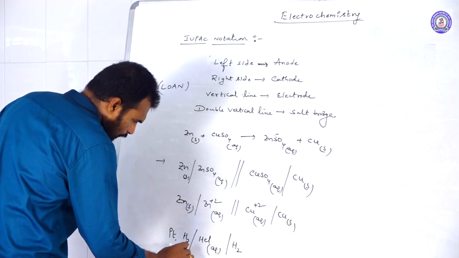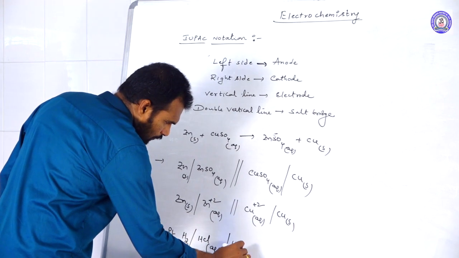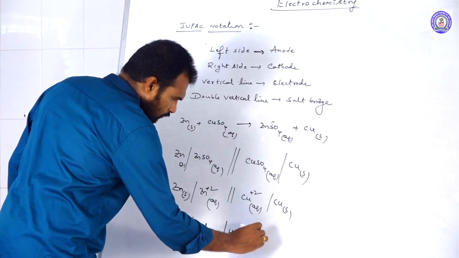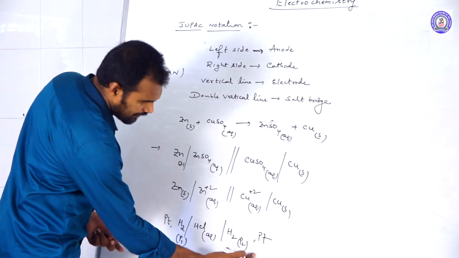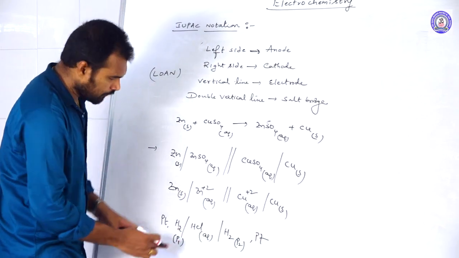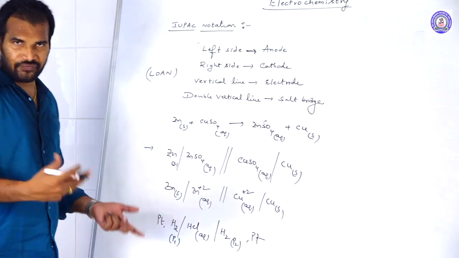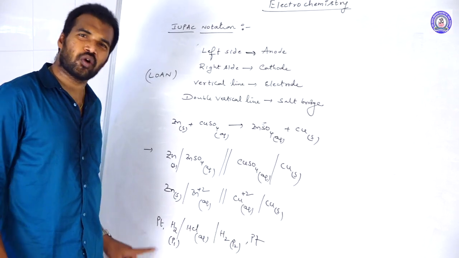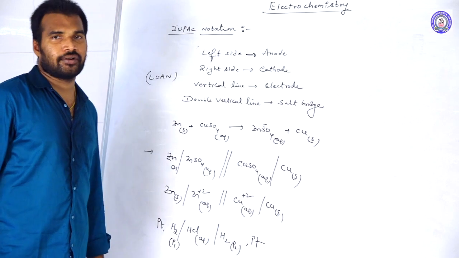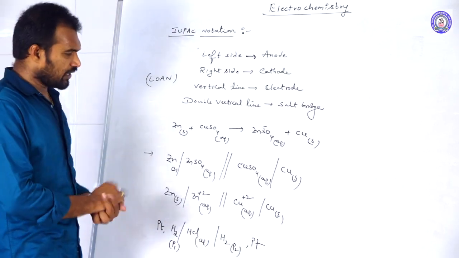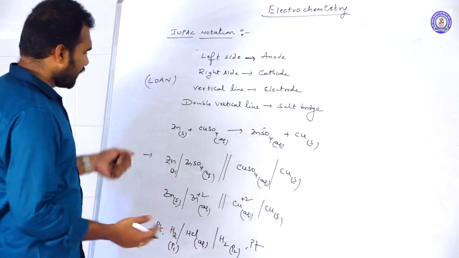So hydrogen is at P1 atmosphere and this is at P2 atmosphere. Platinum. So like this we can represent. This is one electrode and this is another, two hydrogen electrodes. They are at different pressures. This is an electrode concentration cell, because they differ in the pressures of the electrodes. So this is a representation of the galvanic cells.